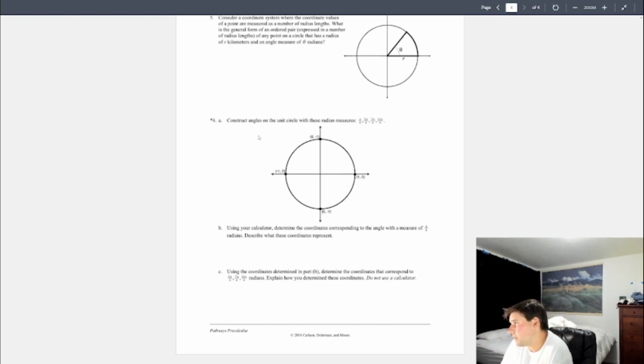Or I could calculate the x and y of each of them and then have a pretty good idea. I think I'll do the second one, because these look like the common radian measures. Oh, actually, maybe it doesn't want me to do all of them, because it says to only do it for pi/6 here.